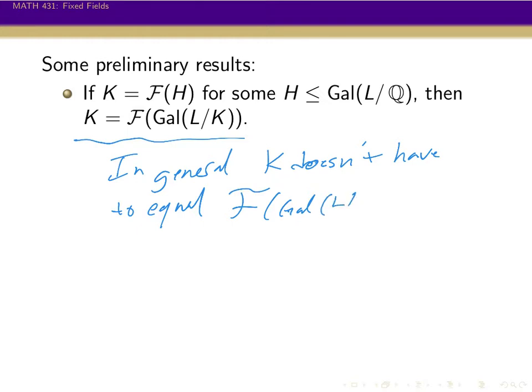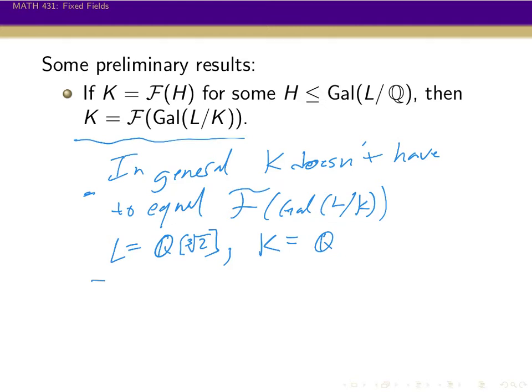An example of this, where K doesn't actually equal its fixed field, is if we let L be Q adjoin the cube root of 2 and K to be the rationals.